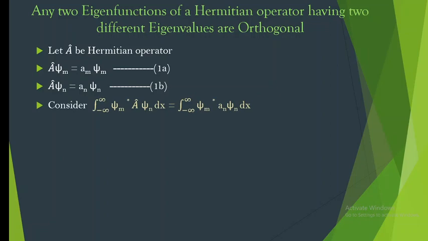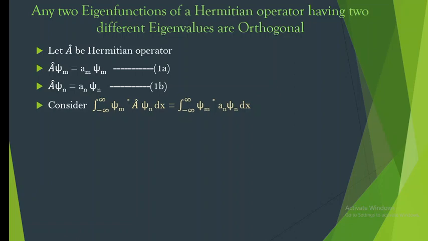Let us consider the integration from minus infinity to plus infinity of ξm star A cap ξn dx. This is nothing but a part of the definition of Hermitian operator, that is the first term of the Hermitian operator definition.